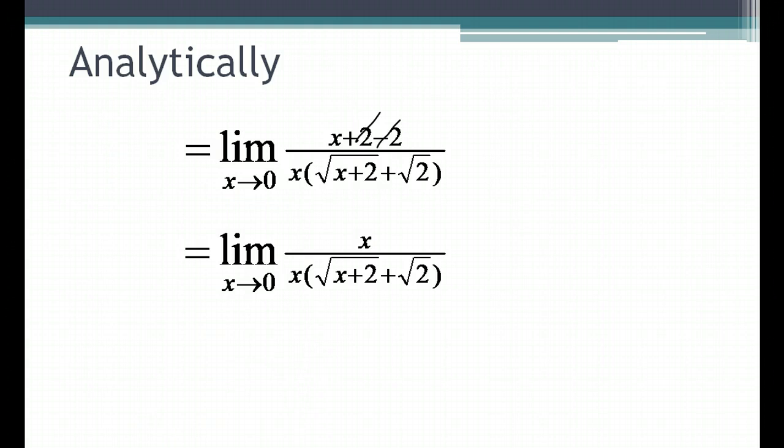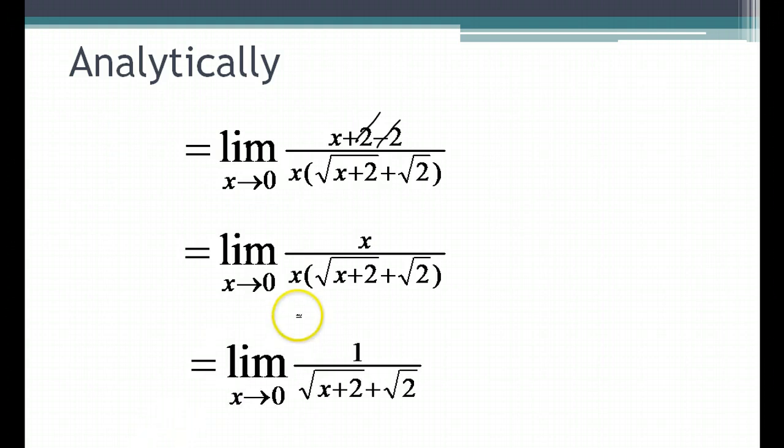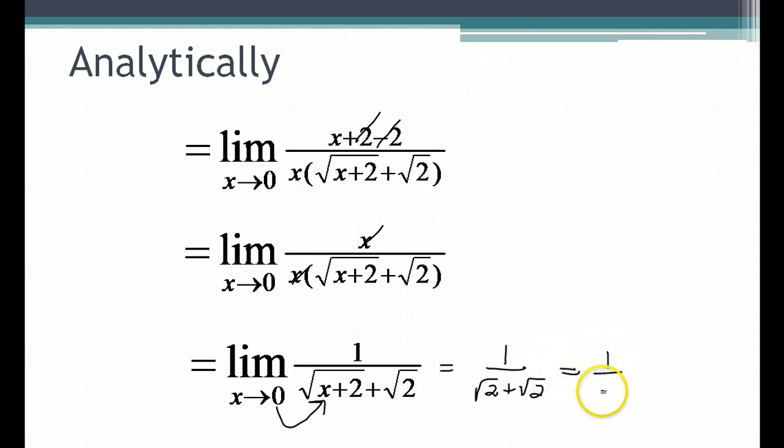And I hope next you'll notice that that leaves me the ability to cancel the x's out and leaves me with 1 over that conjugate piece, to which I am then going to substitute the 0 in again. And this time it's going to provide me with an answer of 1 over, so you're going to want to say square root of 4, and I'm going to tell you no, 1 over 2 root 2 as our final answer.